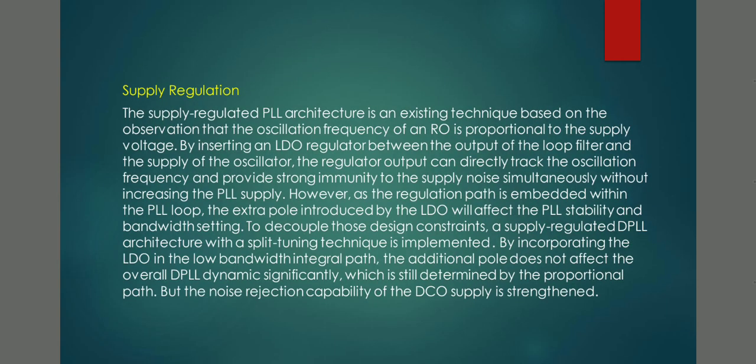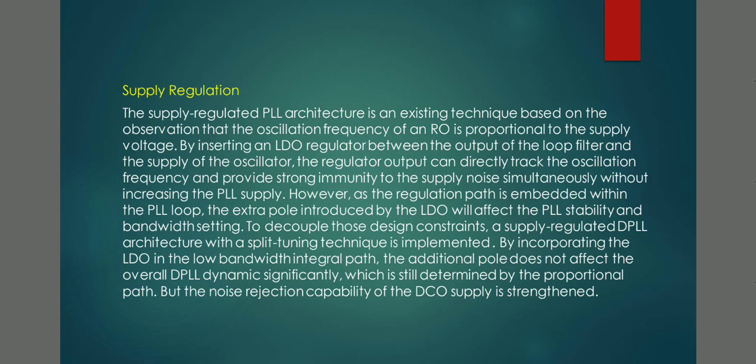Supply regulation. The supply regulated PLL architecture is an existing technique based on the observation that the oscillation frequency of an RO is proportional to the supply voltage, by inserting an LDO regulator between the output of the loop filter and the supply of the oscillator.